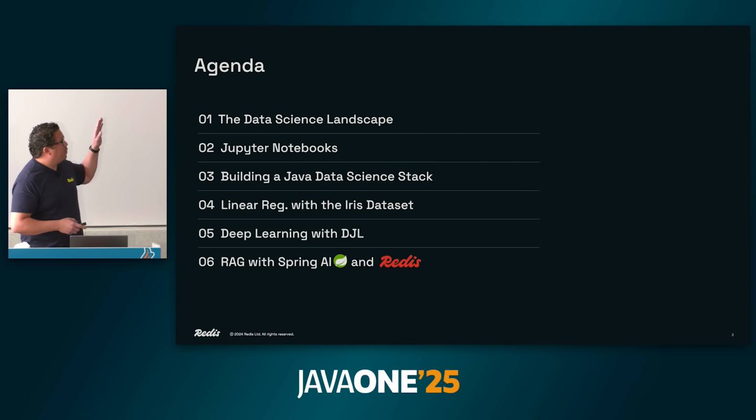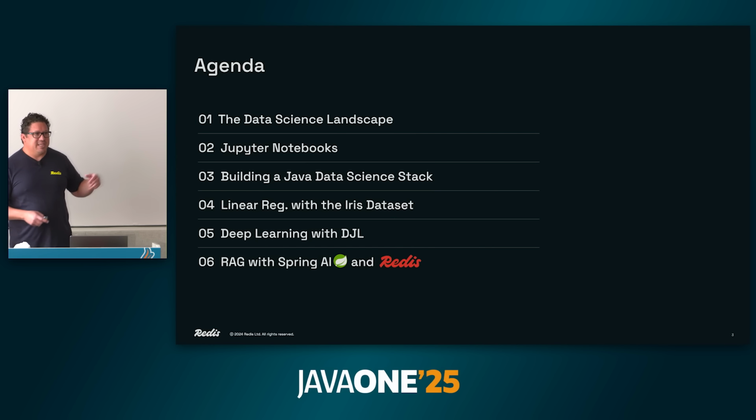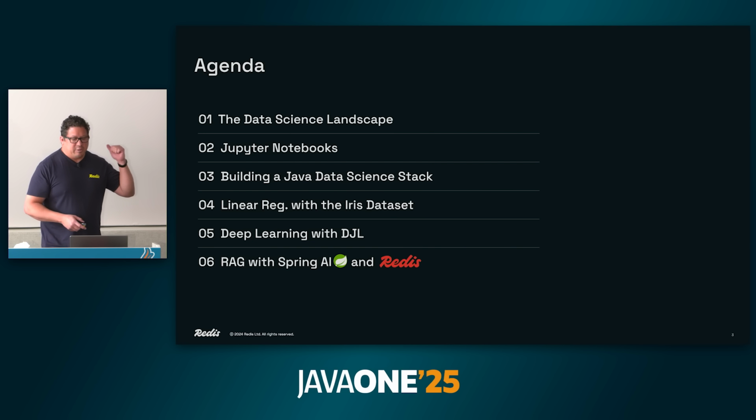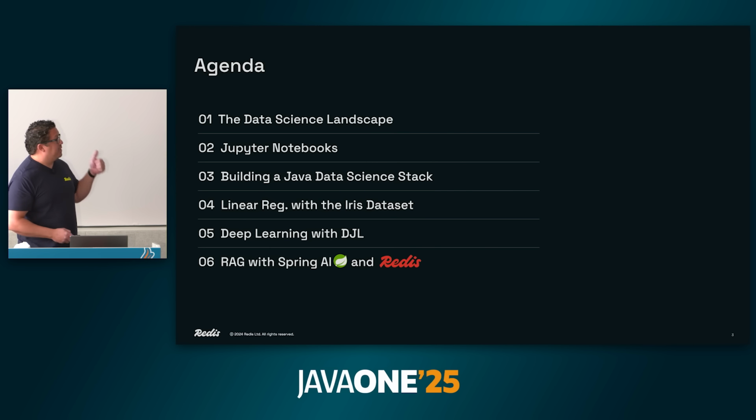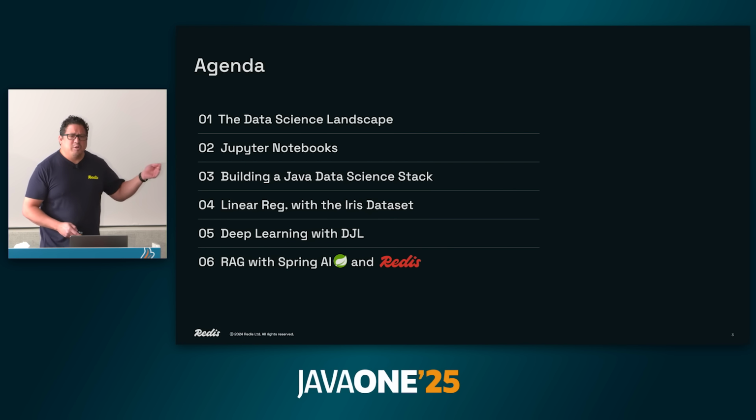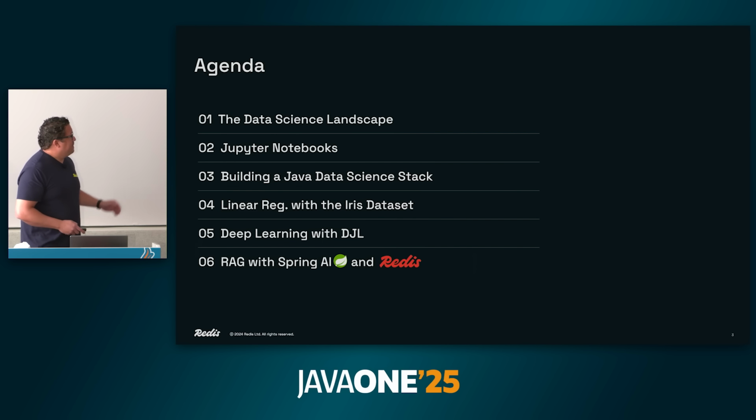So today's agenda: we're going to talk about the data science landscape, in case you're kind of new to the field. Talk about Jupyter Notebooks. We're going to talk about how to build your own Java data science stack. Then we'll do one of the traditional data set linear regression analyses of a famous data set from the 30s. And then we'll talk about deep learning with DJL.